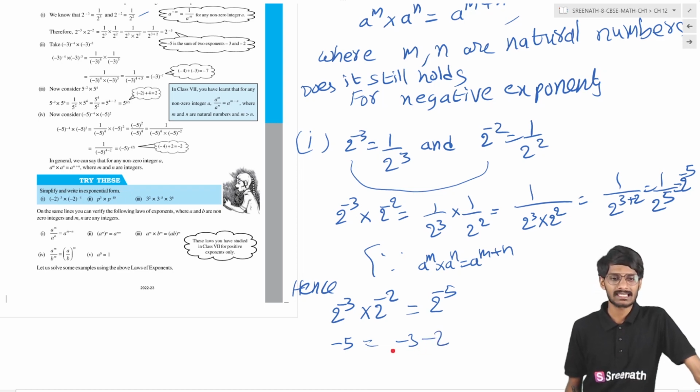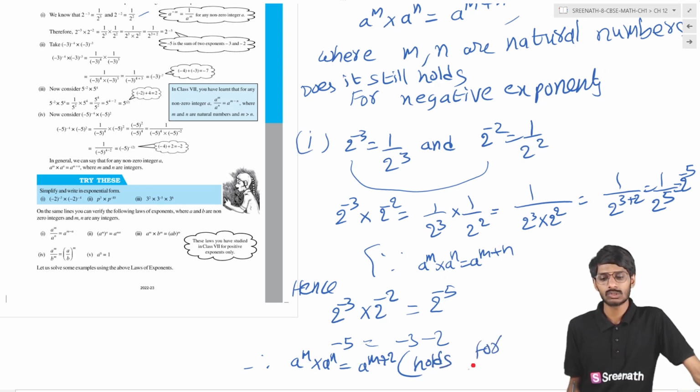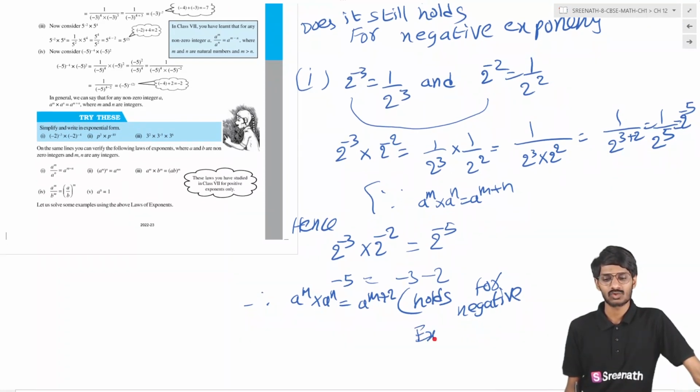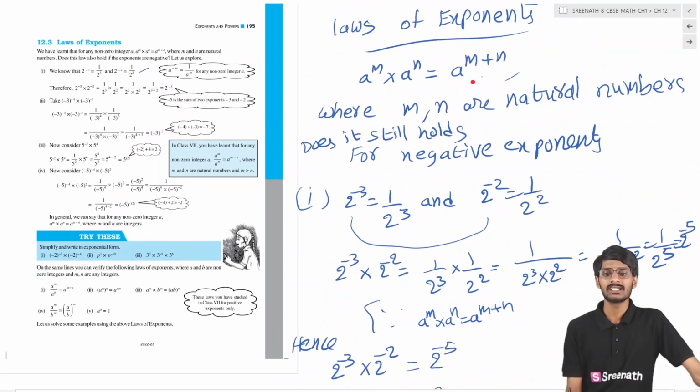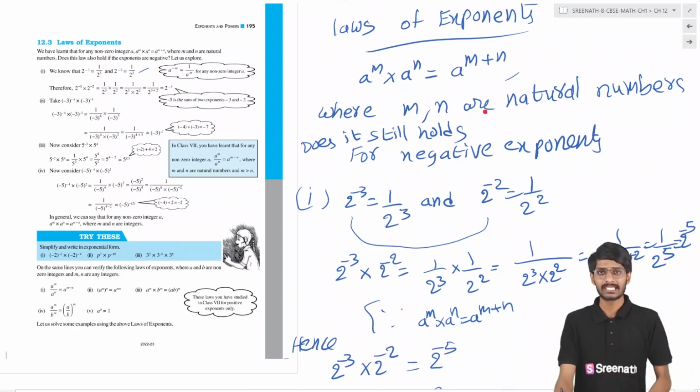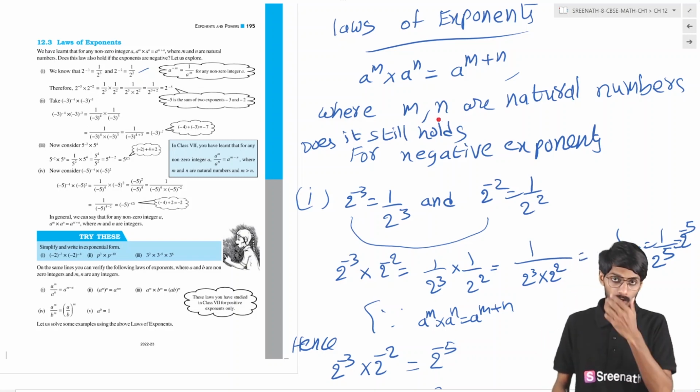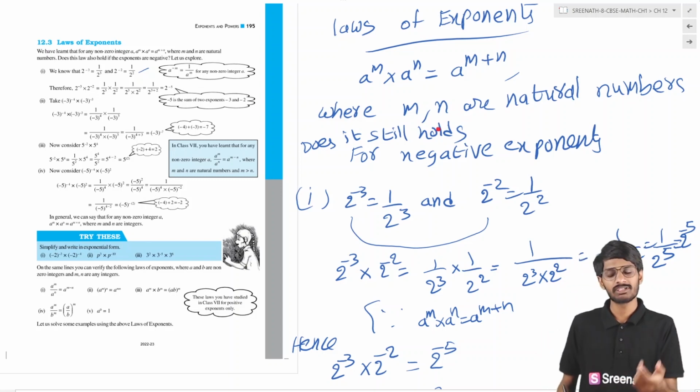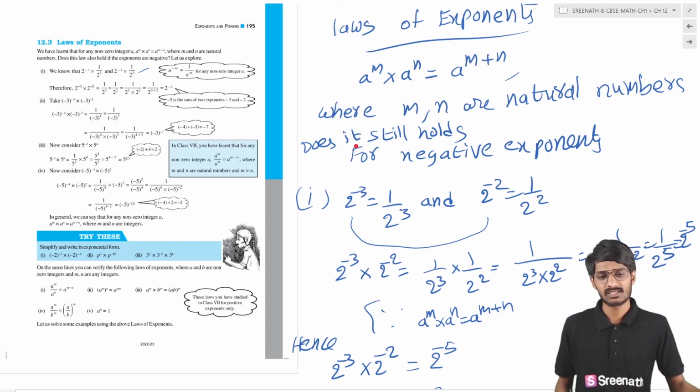So a power m into a power n is equal to a power m plus n holds for negative exponents also. We can use this formula whether m and n are positive integers or negative integers; in both cases this is valid, students.